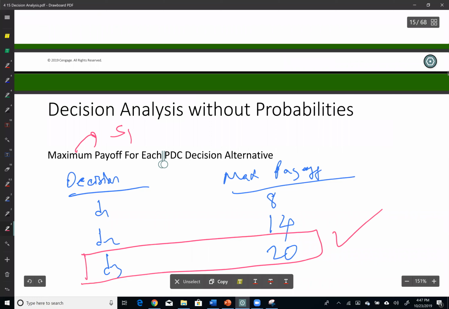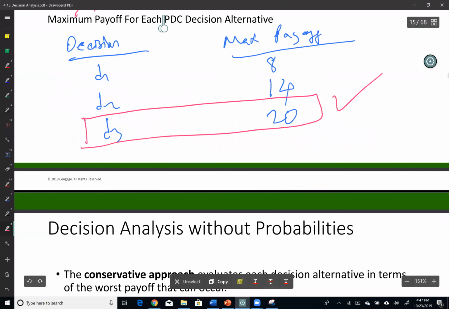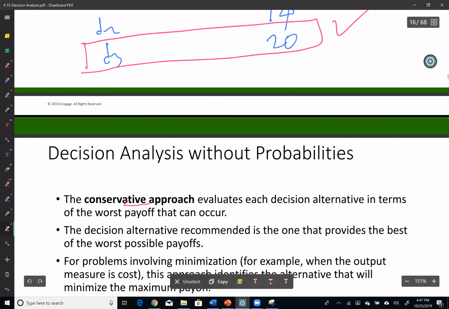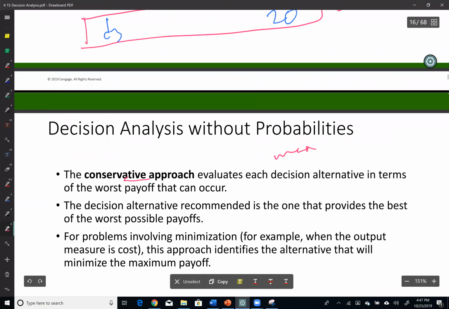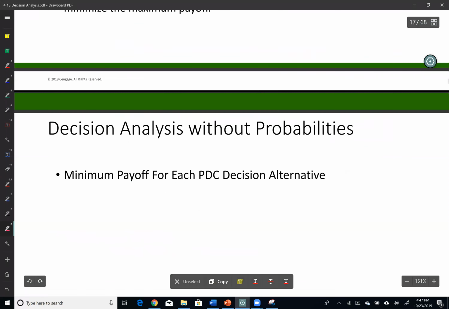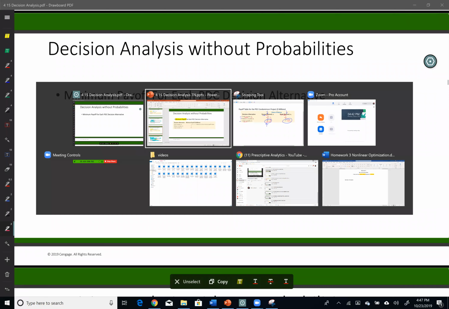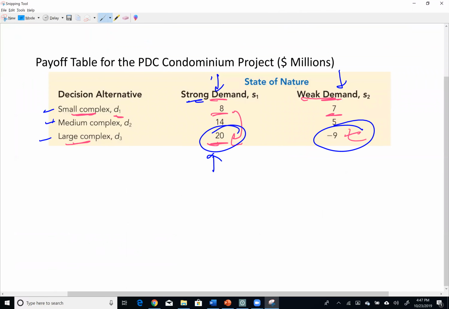All right. If I make this decision based on conservative approach, then I will try to maximize my worst scenarios. So let's do that. So if you look at the payoff table again, I will this time look at the weak demand scenarios, and I will try to maximize it. So this will be my best solution.